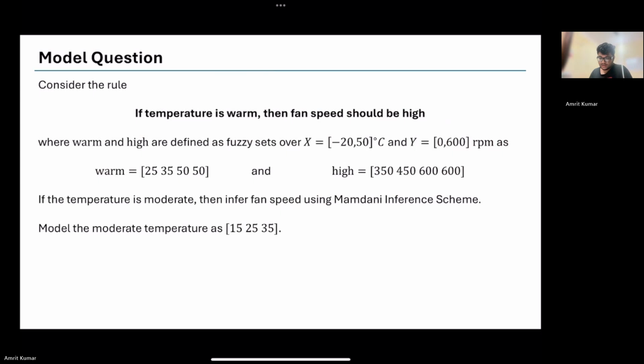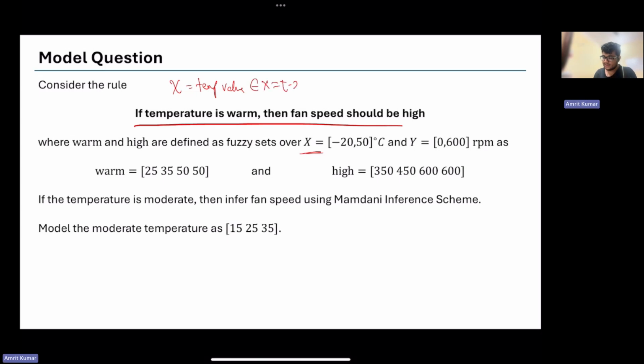Okay. Now we are given the rule: if the temperature is warm, then fan speed should be high. Where again, it is easy to identify what the variables x and y are here. X is temperature value, and it takes values in the universe X, where X is defined to be minus 20 to 50 degrees centigrade. It's the set of all possible room temperatures. And from looking at X, it seems that the context here is a room.